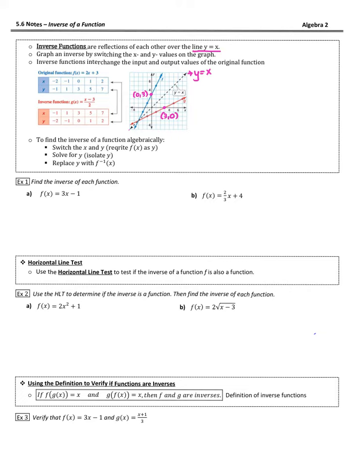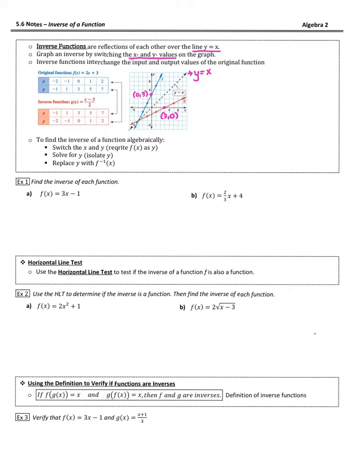So what that shows is every point on a function has the inverse relation where you have switched the x and y values, which is a way you can actually graph your inverse. If you have one function, to graph the inverse, you just switch all your x and y values.